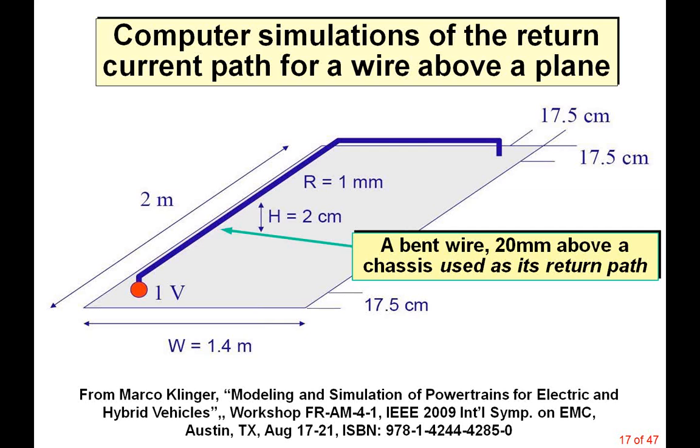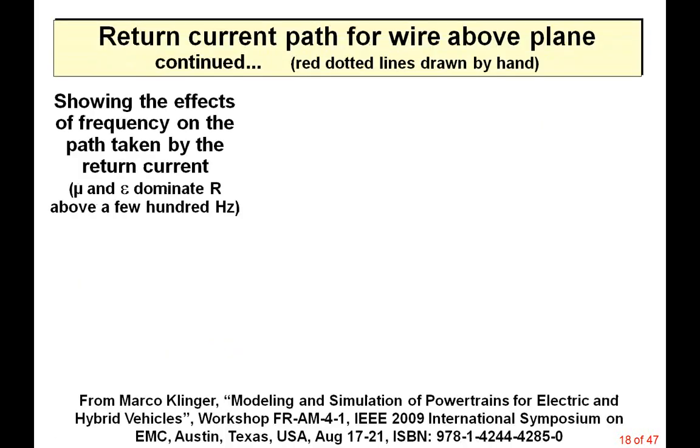I've seen this simulation done for traces on printed circuit boards and all manner of things, up to 10 gigahertz. And you can do it yourself with a closed field probe in a very simple test setup. Anyway, here's this wire, 20 millimeters above this metal plane, and it's got a bend in it. Mr. Marco Klinger did these simulations.